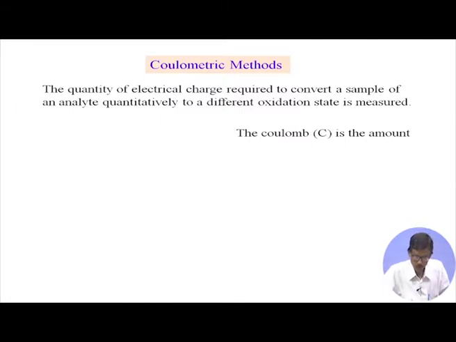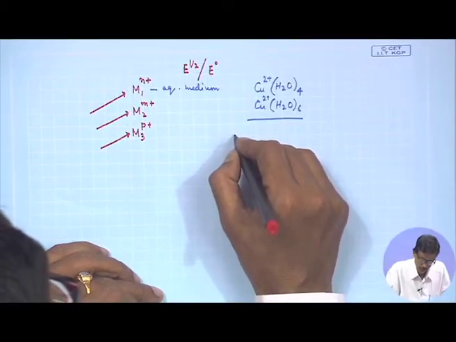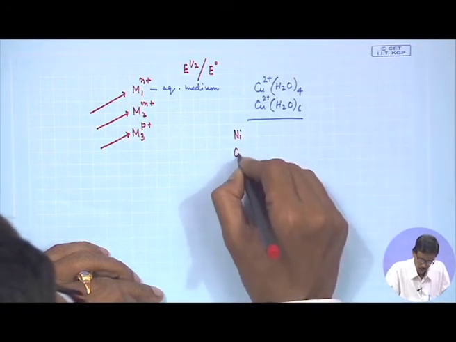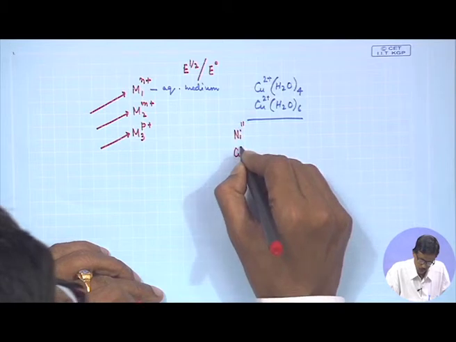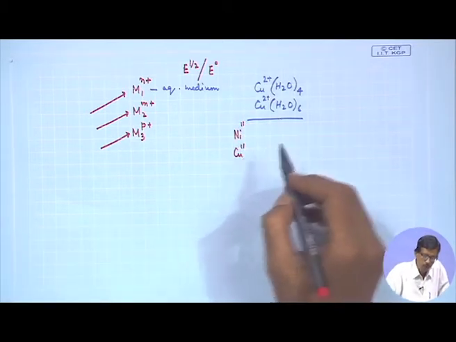As I told in our previous paper, you have this oxidation of some nickel compound or some copper compound, both of them in the bivalent state, that means nickel in +2 and copper in +2.